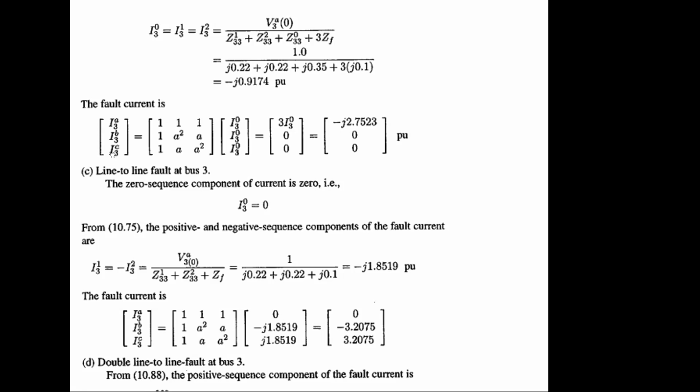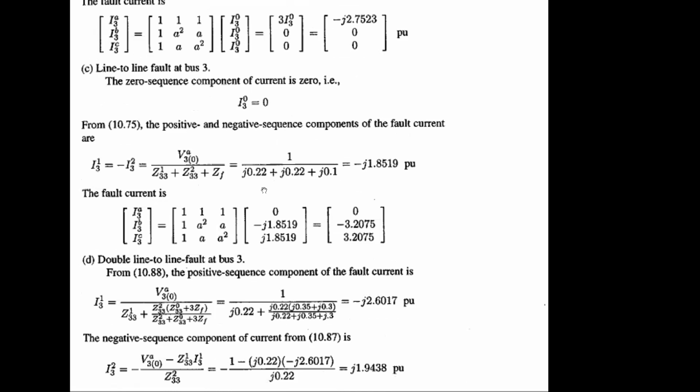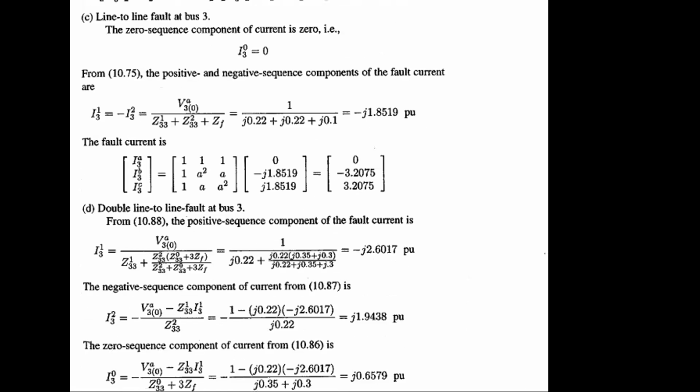This is I30, I3A, I3B, I3012. I3012 is there. So for single line to ground fault besides line to line fault, the steps will be I31 and I32.